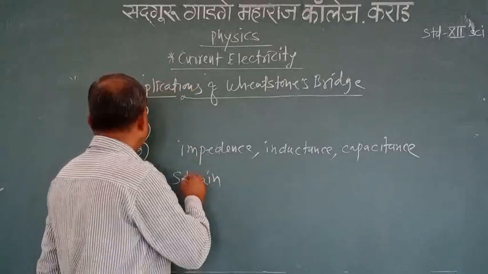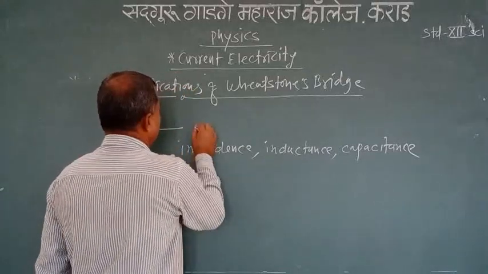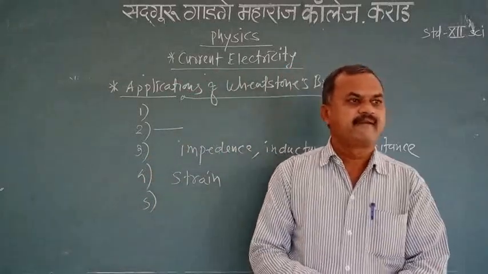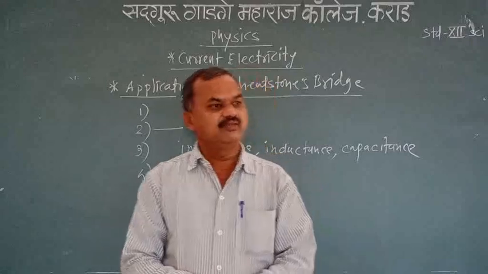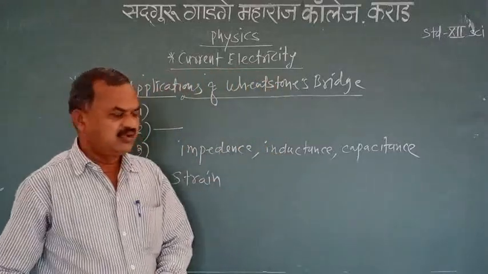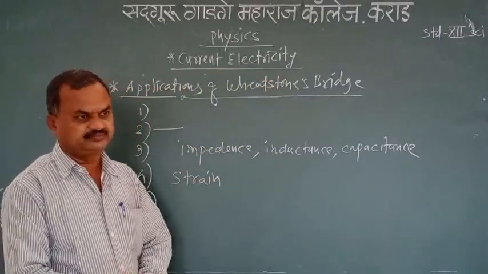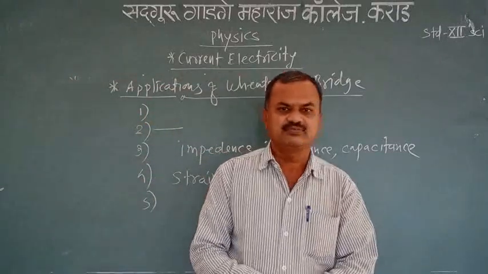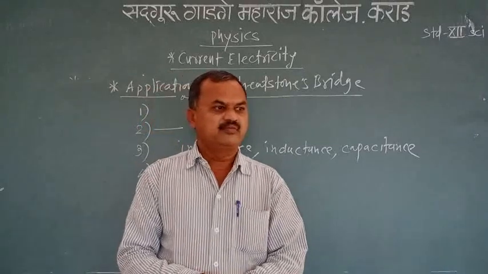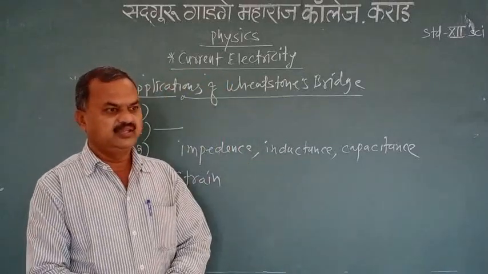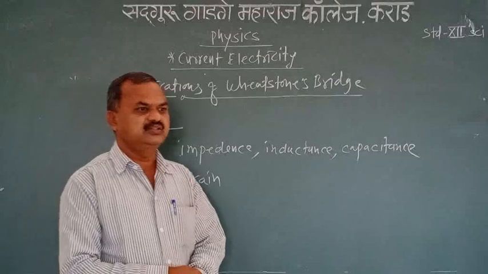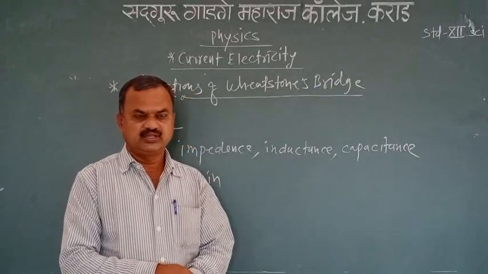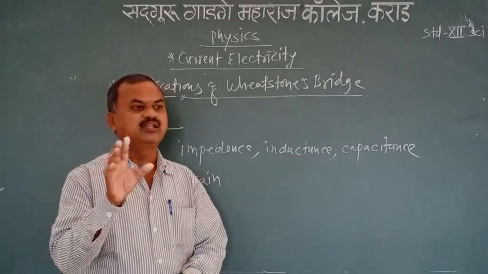Among them, one of the applications is determination of resistance of galvanometer by Kelvin's method. This is one special type of method with which we can determine the resistance of galvanometer by meter bridge. In this case, there is no need of a galvanometer to detect a balance point or null point.